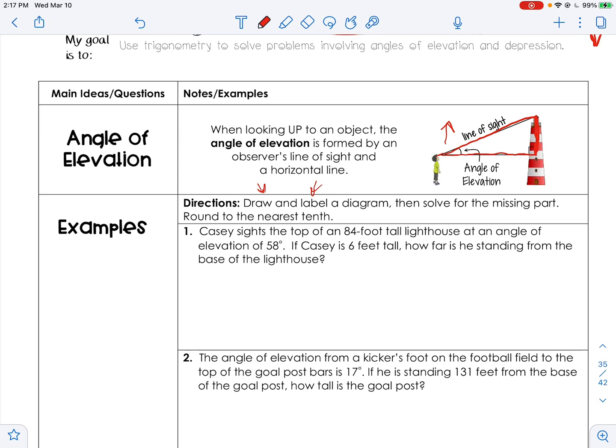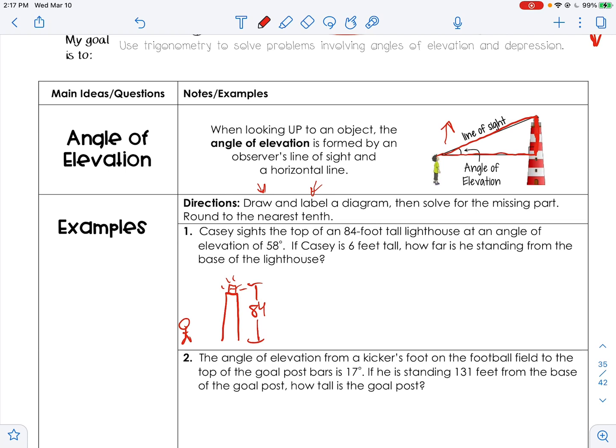Casey sights the top of an 80-foot tall lighthouse. So, let's see. I don't want to draw my lighthouse here. Okay. And it's a lighthouse on top. Shiny, shiny. Very good. Casey's down here. We know that this thing is 84 feet tall.